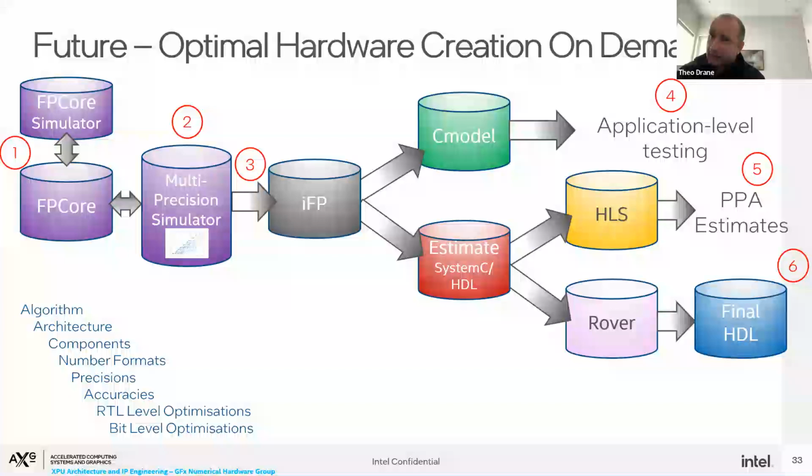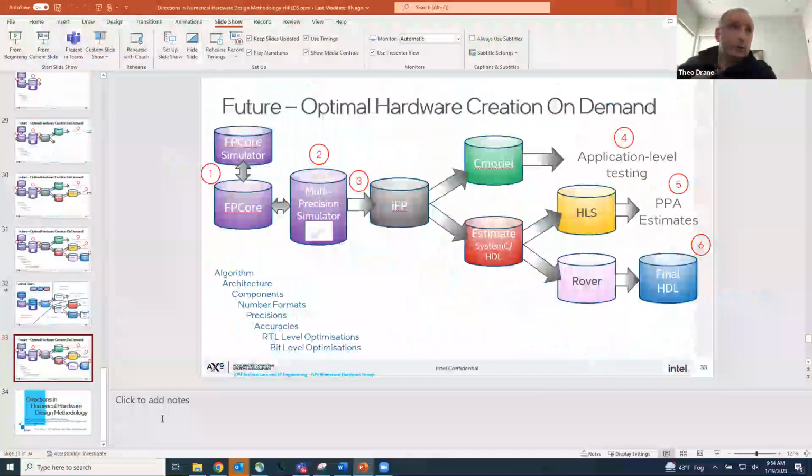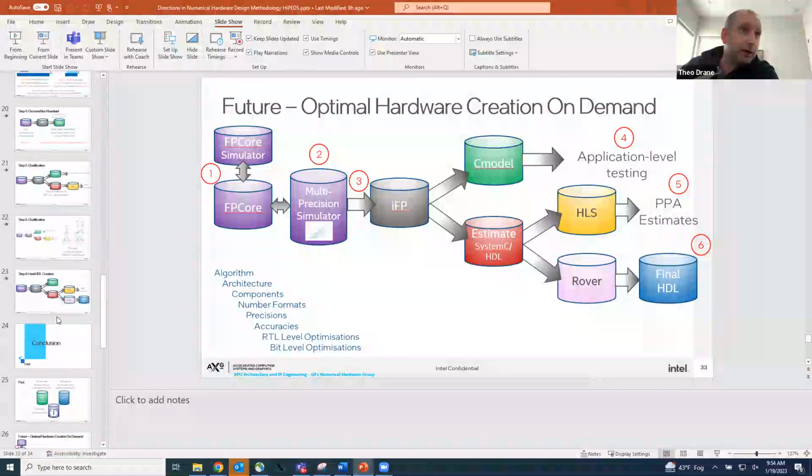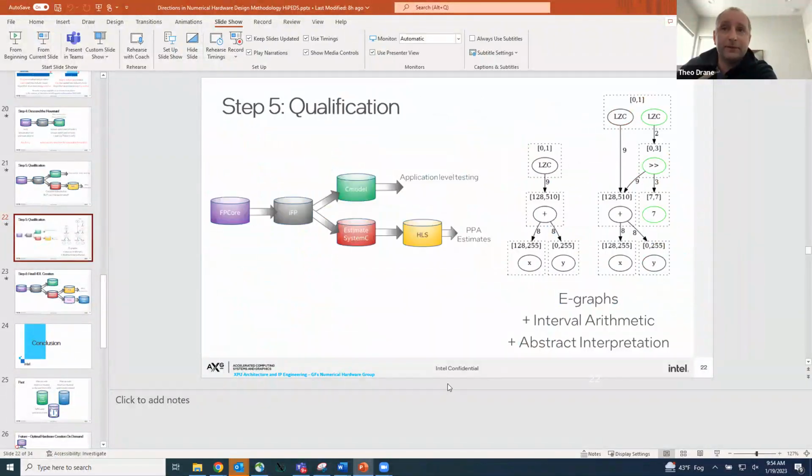The Rover thing that we're building, we've built formal verification into it, and I can give you a hint about why that's happily doable. So what Rover does is use this eGraph technology, which is doing rewrites.